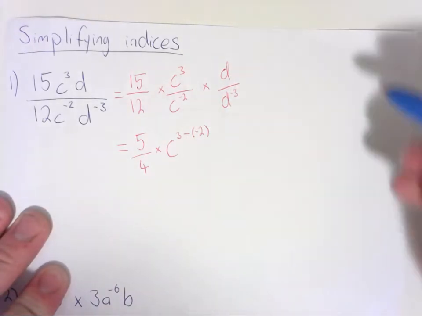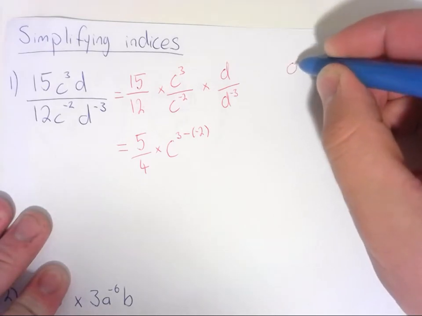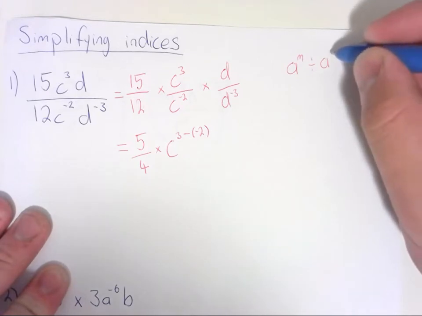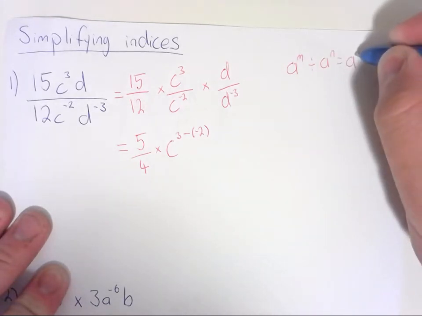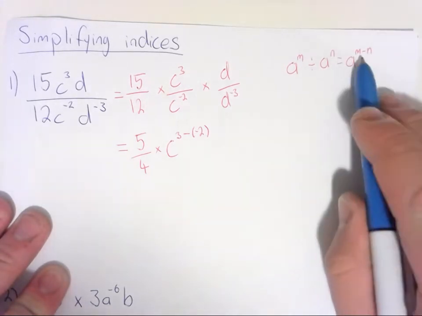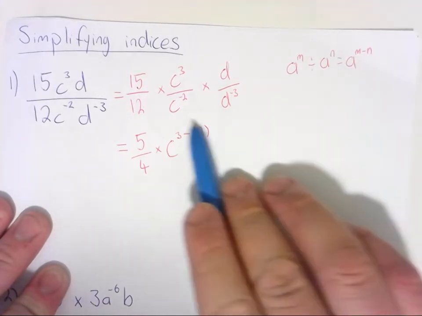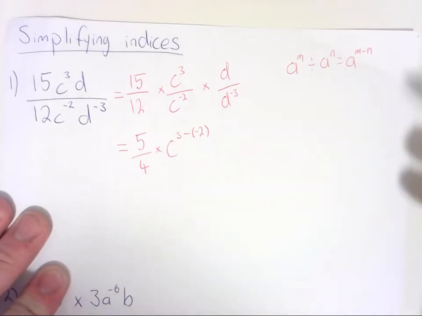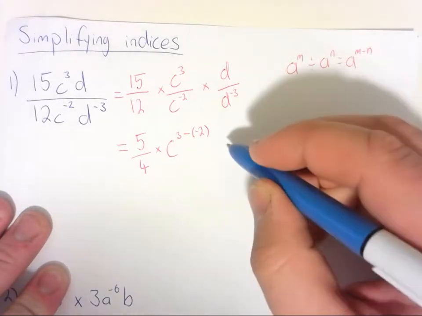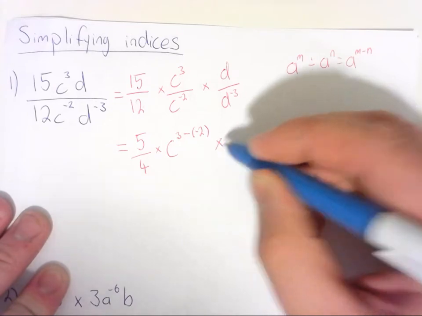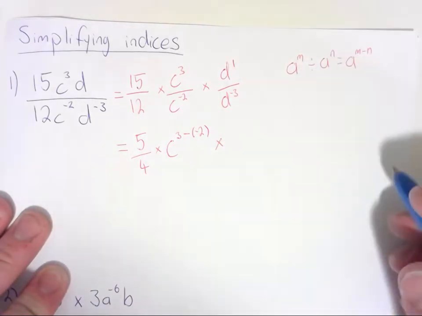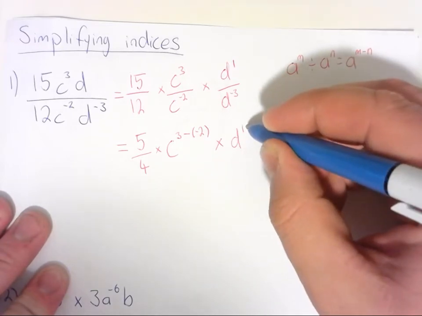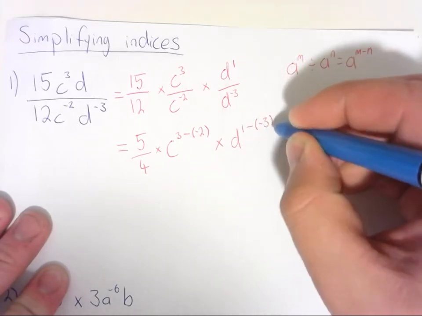Remember our rule: if we have a^m divided by a^n, it equals a^(m−n). We're just subtracting those powers, which is what I'm doing here. Don't get confused with the negative. Then I times, and remember this d is like d to the power of 1, so it becomes d to the 1 subtract negative 3.